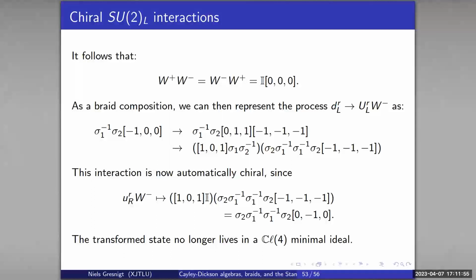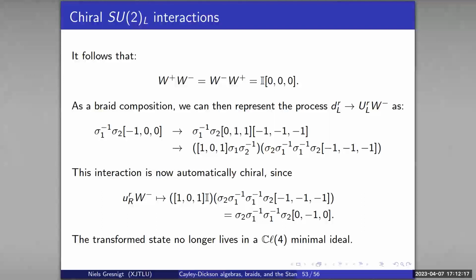And it seems now that the interaction actually comes out as chiral as well. Because, for example, if you try to do this braid interaction on a right-handed quark, then you end up with a state with a braid that no longer corresponds algebraically to living inside a CL4 minimal ideal.